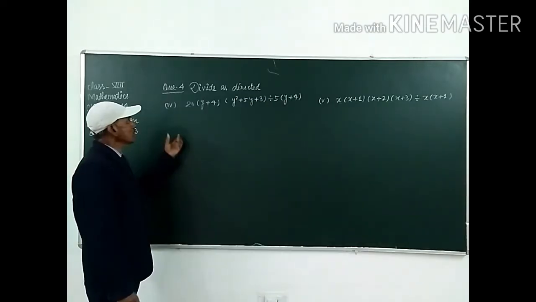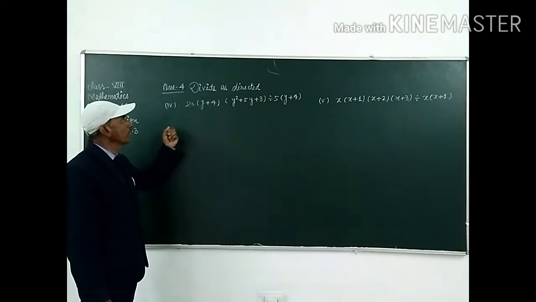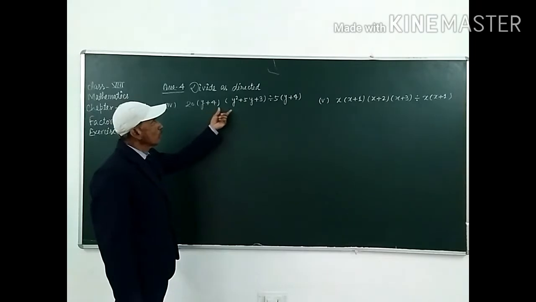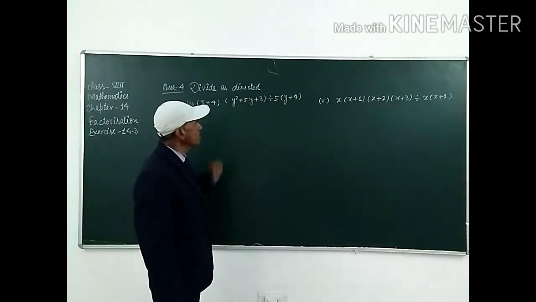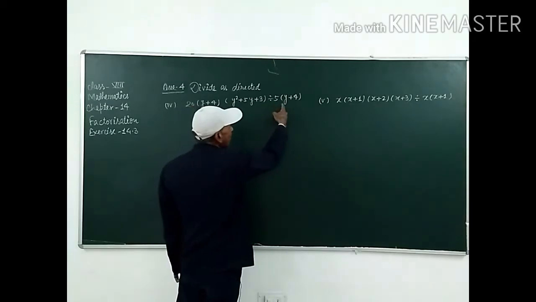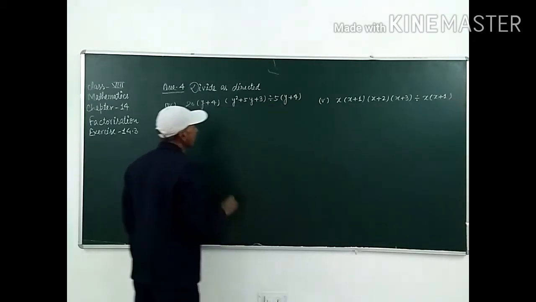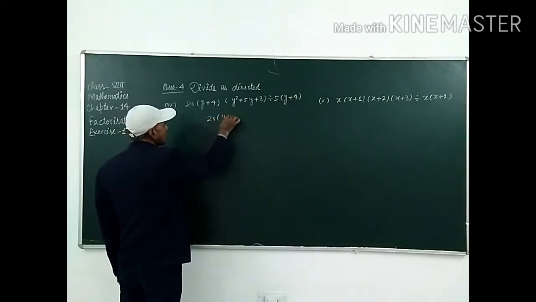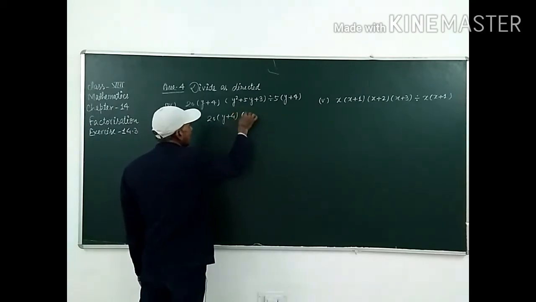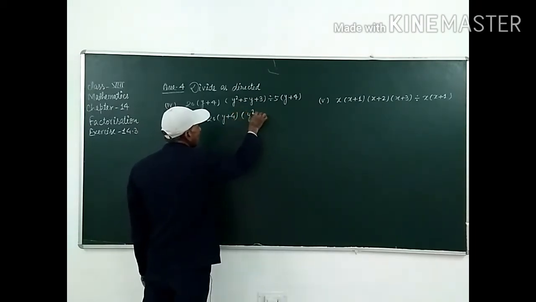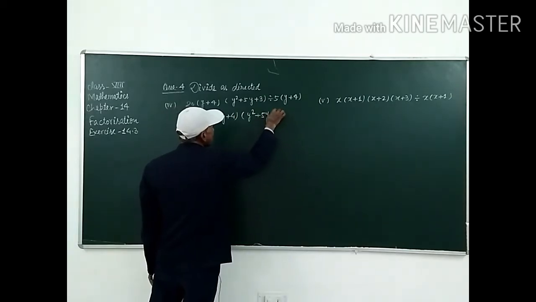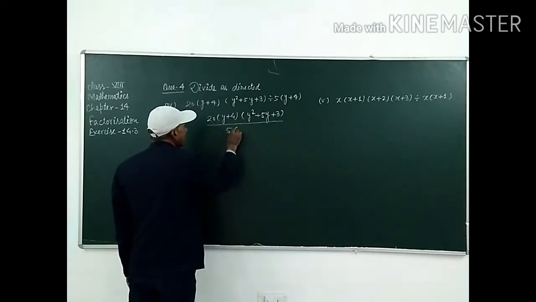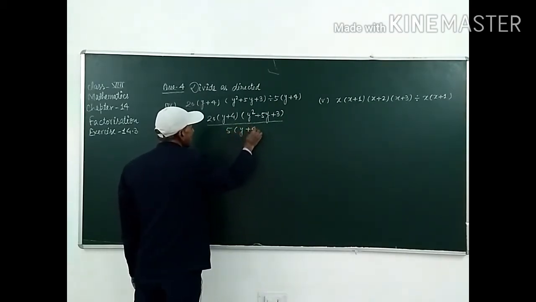Now we have to do the next part of this question. This is the fourth part of question number 4, student, and in this one 20 into y plus 4 into y square plus 5y plus 3 divided by 5 into y plus 4. So we have to write this 20 into y plus 4 into y square plus 5y plus 3 divided by 5 into y plus 4.